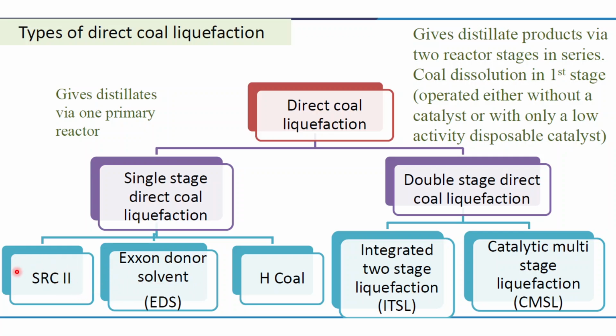They are quite similar to each other, but one takes place at a lower temperature, and the other at almost equal or a bit higher temperature, but the pressure is more there. In both of these, no catalyst is used, but in the H-coal reaction, a catalyst is used.